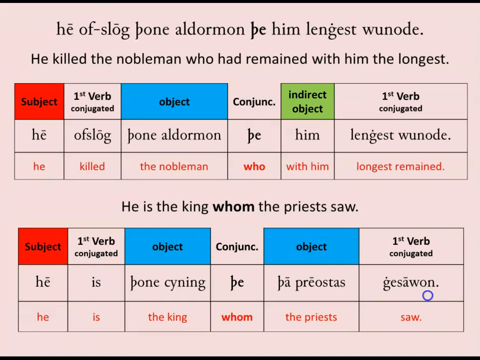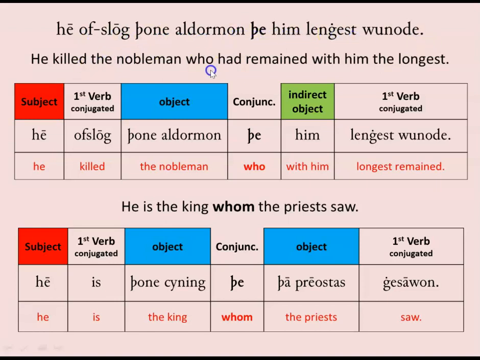Hē ofslōg þone ealdorman þe him lengest wunode. This comes from the story of Cynewulf and Cyneheard, and the word up here is ofslōg.